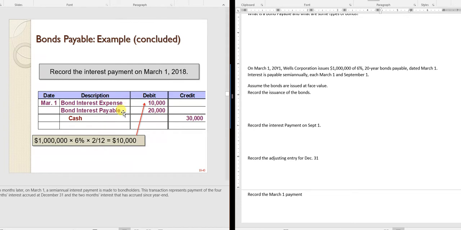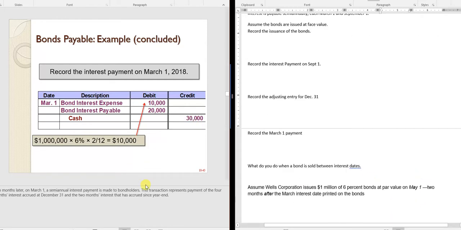Bond interest payable, that's what I set up last year, and so that was September, October, November, December, and then the cash is for the 6 months. Okay, so you can do it by the fraction of the years. I had already multiplied it times 1/2 to get the $30,000 here, so I didn't set it up on the whole year, but obviously it's the same number.